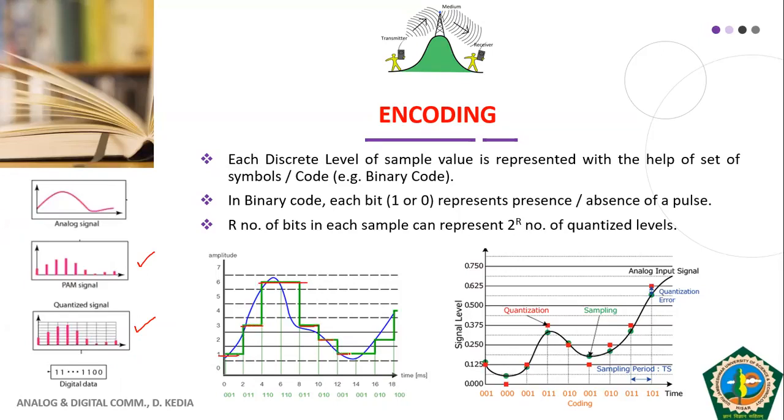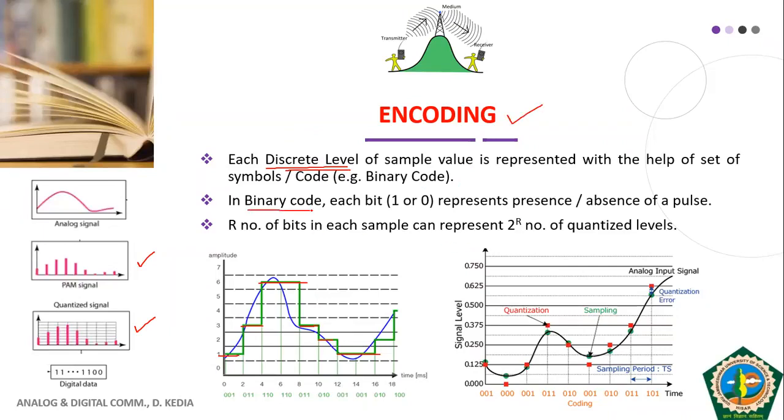If there are 8 levels, we can take a 3-digit binary number to represent a level, since a 3-digit binary number gives a total of 8 possible levels. So we can assign a binary code or set of symbols to each discrete quantization level. This is known as encoding.